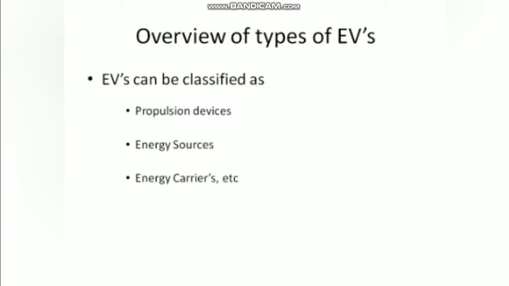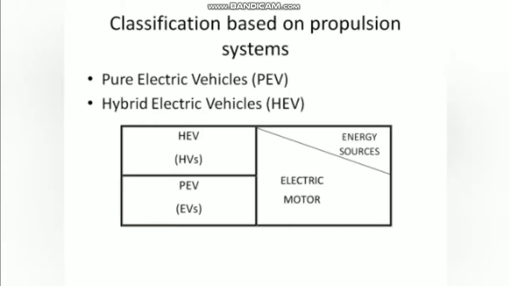It can be classified in terms of propulsion devices, energy sources, or even the energy carriers, which are used as a medium to transfer energy from energy sources to propulsion devices. So, based on the propulsion system, EVs can be further classified as pure electric vehicles or hybrid electric vehicles.